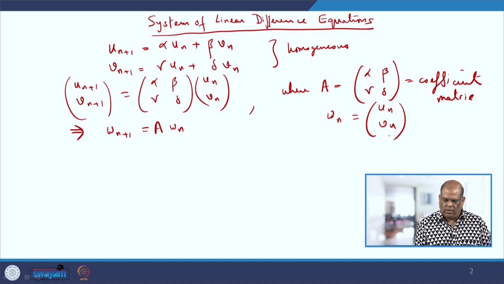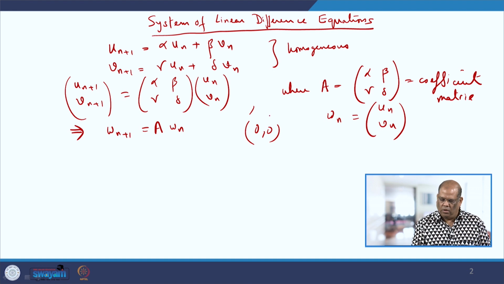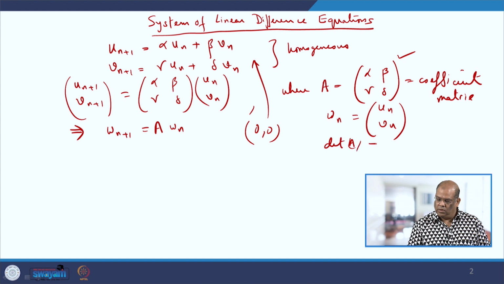Now, as you can see, 0 0 is the only solution of this homogeneous system, provided the determinant of this matrix is not equal to 0.